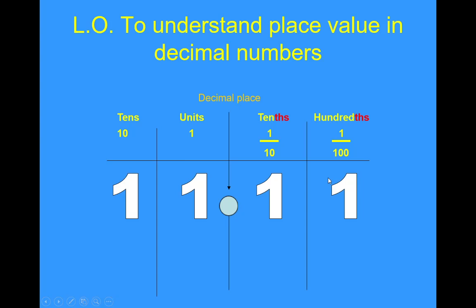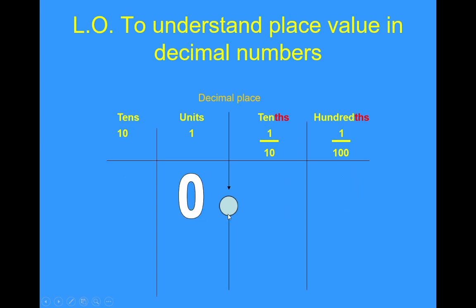So this time we've got no ones, so 0.1. Ding. So that's 1/10 or 0.1. We've got 1/10 and 0 ones. Okay.